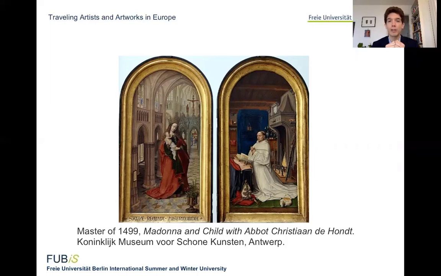Unfortunately, we don't know what the subject of the other half of the diptych painted by Van Eyck was, but we know copies like this one from later in the 15th century, this one by the Master of 1499, an anonymous master, that shows that probably, like often in this kind of objects from the 15th century, the other half of the diptych showed the patron kneeling in prayer in front of the Virgin Mary.